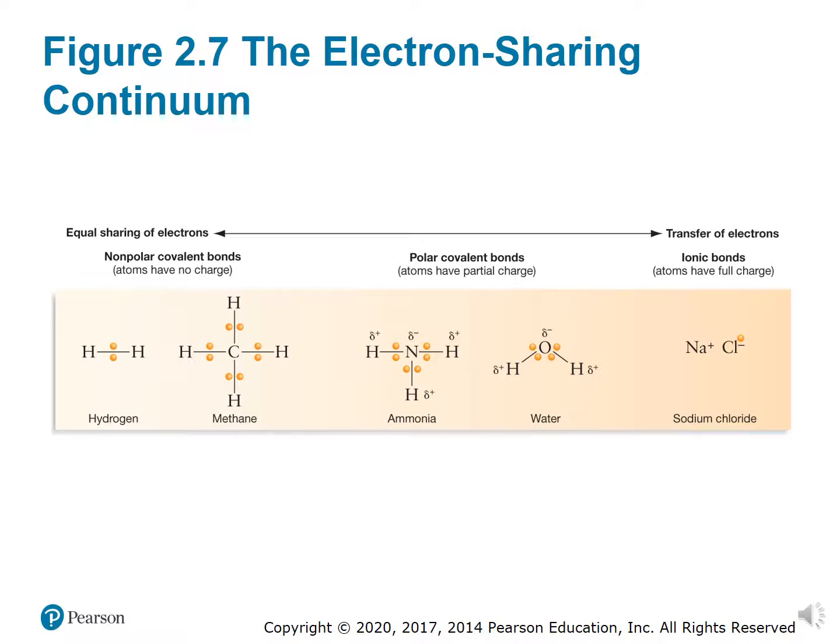On the left-hand side, hydrogen gas and methane have nonpolar covalent bonds, and therefore they have very strong bonds. But notice at the opposite end, the transferred electrons in ionic bonds, these are weaker bonds, and they can dissociate very easily, especially in water.